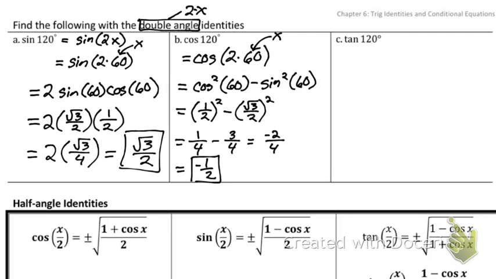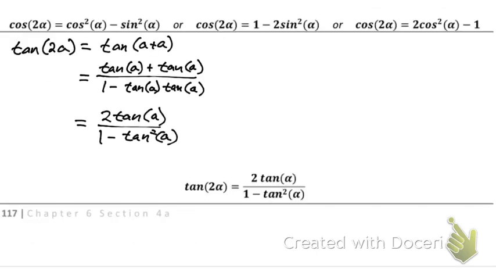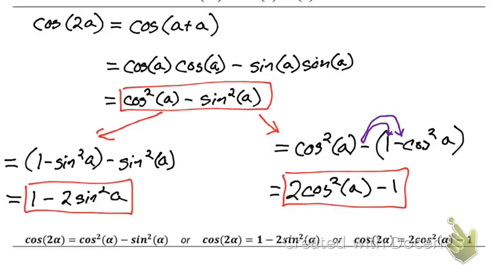Yeah, Emma. What did you ever do to the 2 when you did 2 times 60? I did nothing with the 2. Why? All the 2 says is use your double angle formula. So that 2, the only purpose of it is to point you to using one of these formulas. And then the 2 is already involved in this, as we showed here.